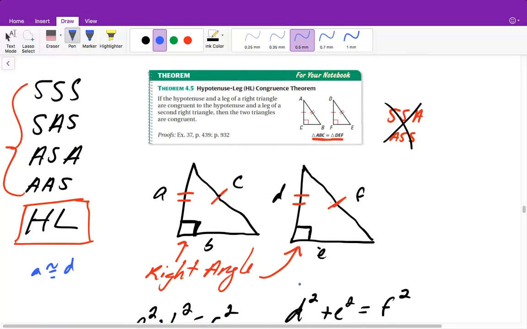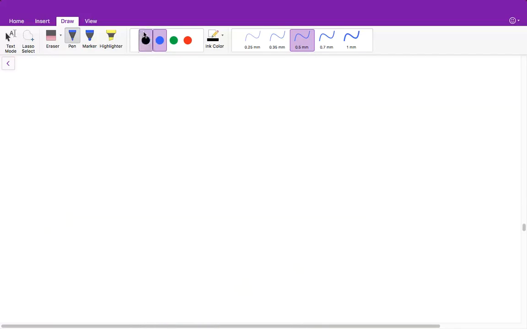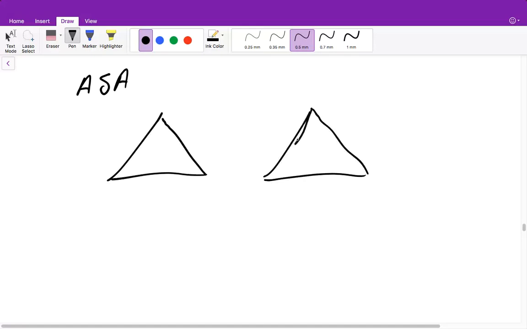All right, so we're going to talk about one more thing, and then we're going to solve some questions. What we need to just focus on is, let's say, angle, side, angle. What you need to make sure is that everything that I'm giving you is corresponding.